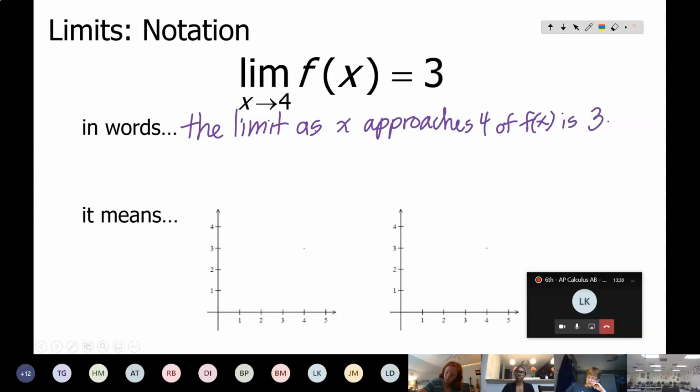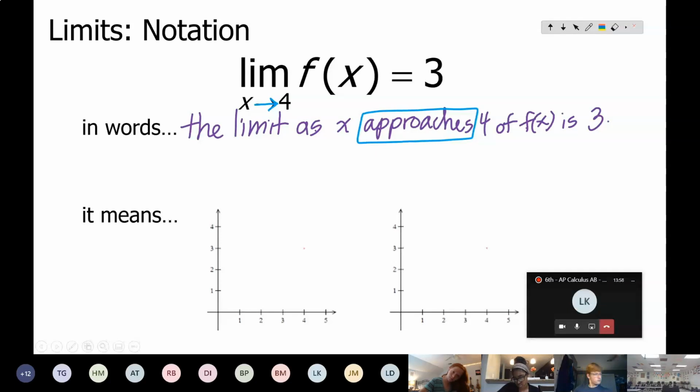And the main word I want to focus on here is this word approaches. It's kind of what this arrow is representing in the symbol. And that's really what a limit is talking about. A limit is going to refer to what the function is doing as you get infinitely close to a certain x value.